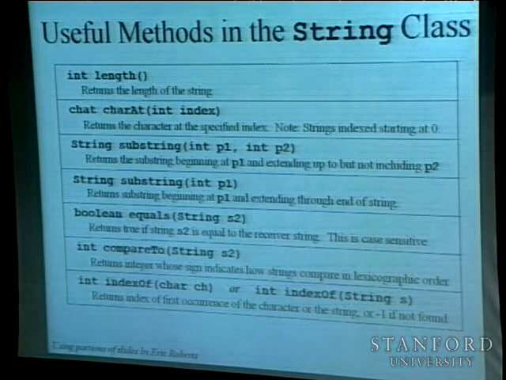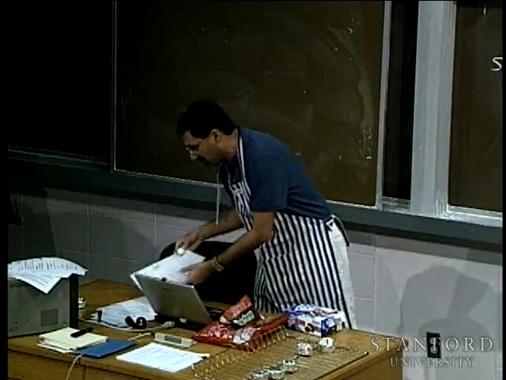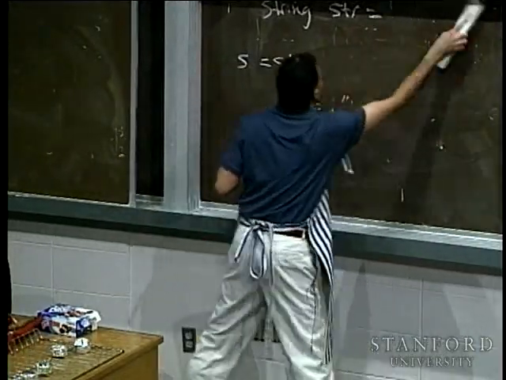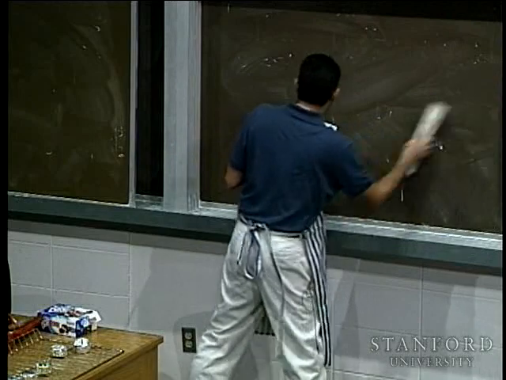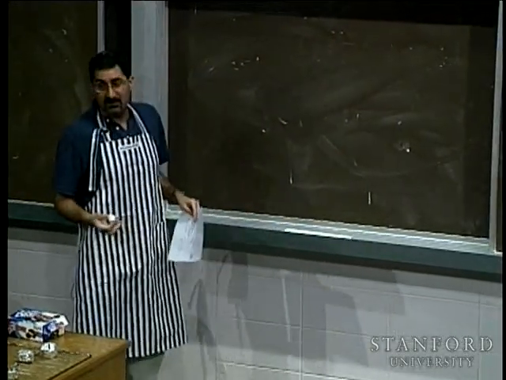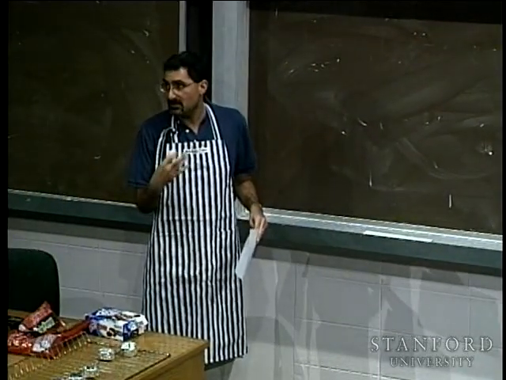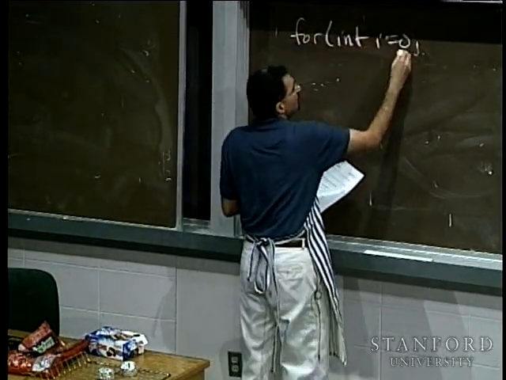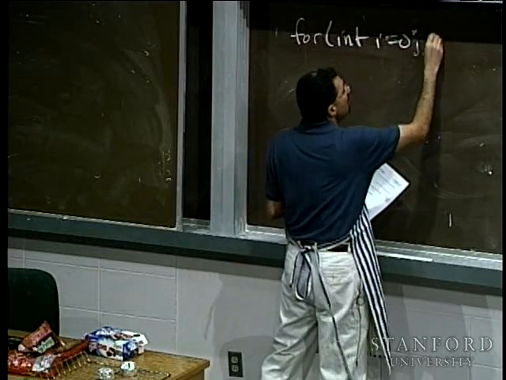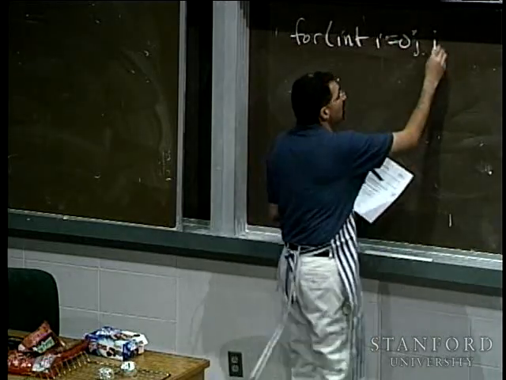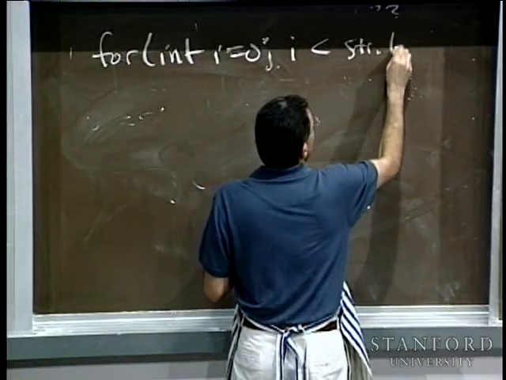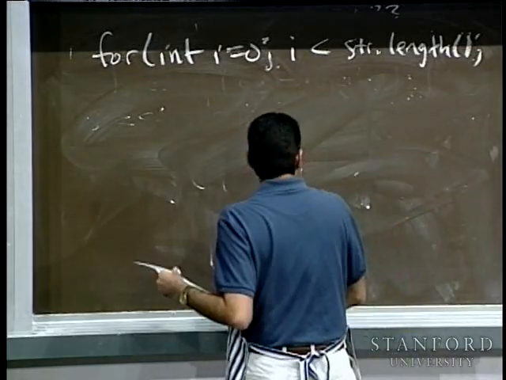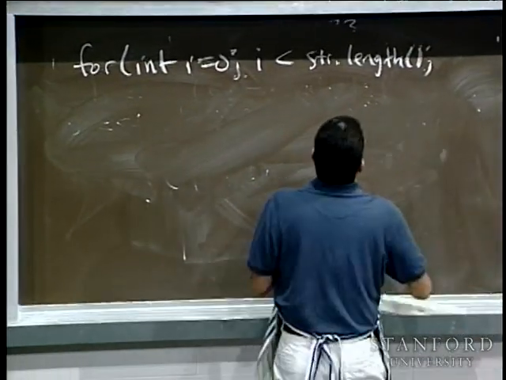Okay? So just a few things that you should see, and we can put these together in some interesting ways. One of the things that's common to do is iterate through a whole string to do something on every character in the string. So you might have some for loop with int i equals 0. You're going to count up to the length of the string. So if our string is called str, we'd say as long as i is less than str's length, and then we would add our little friend, the i++, at the end.